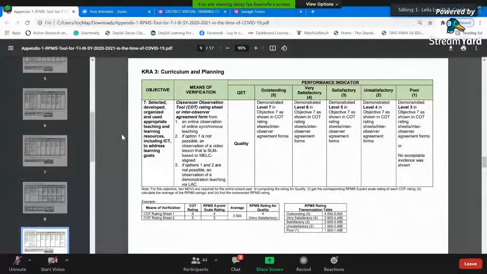So this is objective number 7: select, develop, organize, and use appropriate teaching and learning resources, including ICT, to address learning goals. So naato ganina nag-discuss na, murag parehas sa topic ni ICT ganina. Kinsa ning objective number 7? This is module 9.